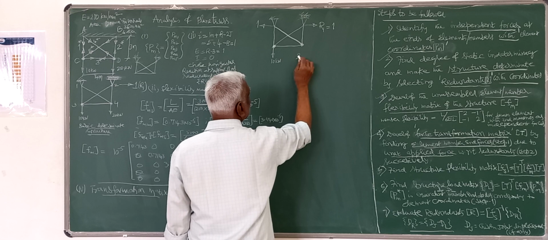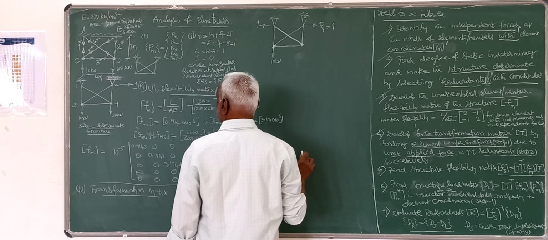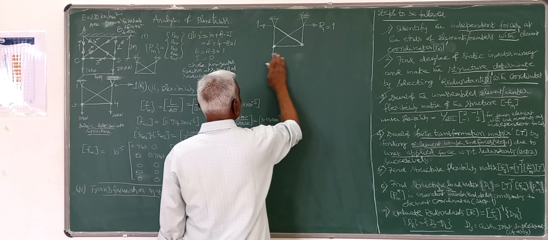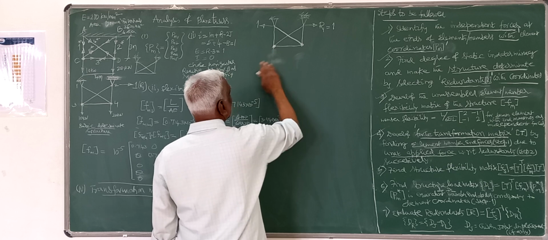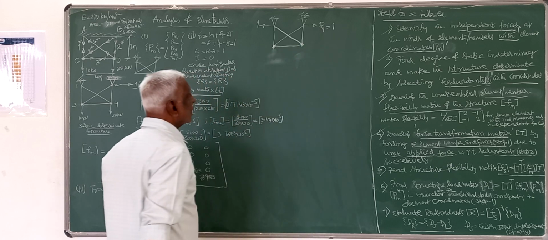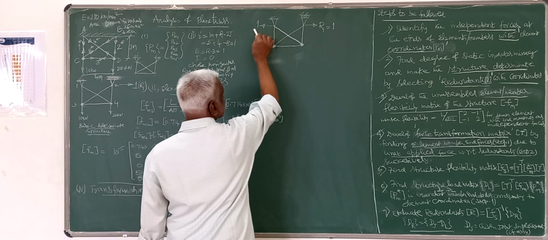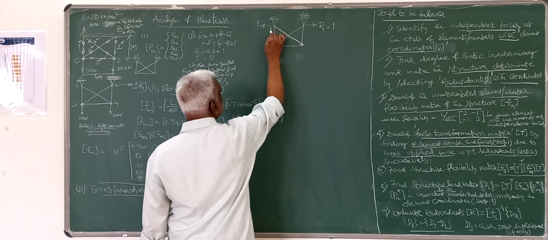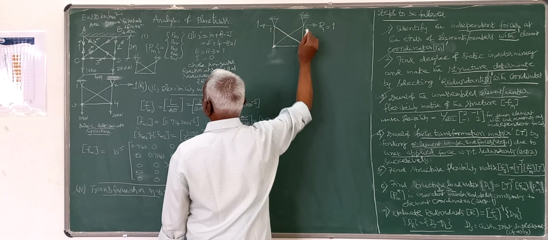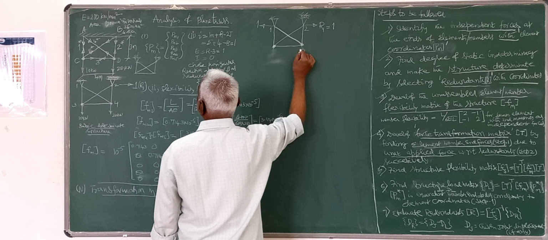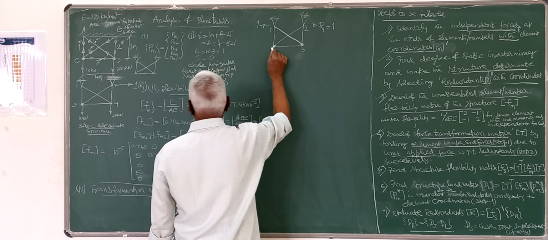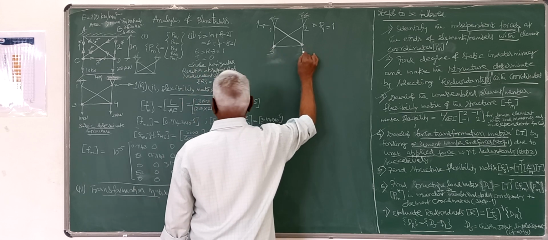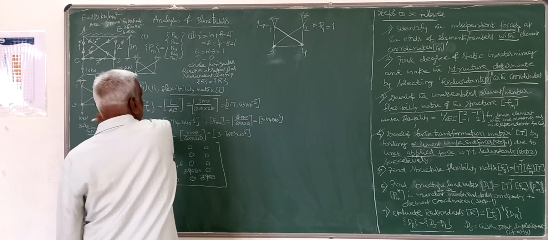That I will analyze afterwards. Now I take only this R1 equals 1. So this is joint 1, joint 2, joint 3, joint 4, that's what I have numbered 1, 2, 3, 4.